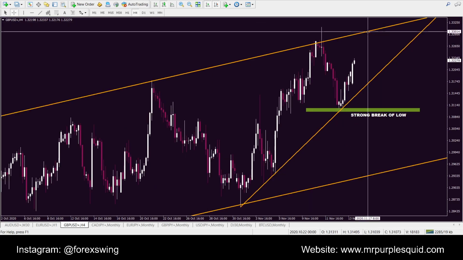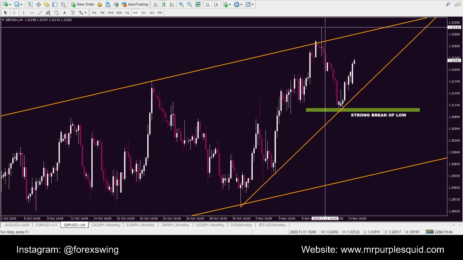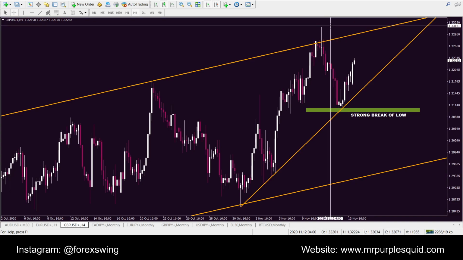So this is H4 from here. If I take a buy above this here, my stop loss would be, that's 210 pips.